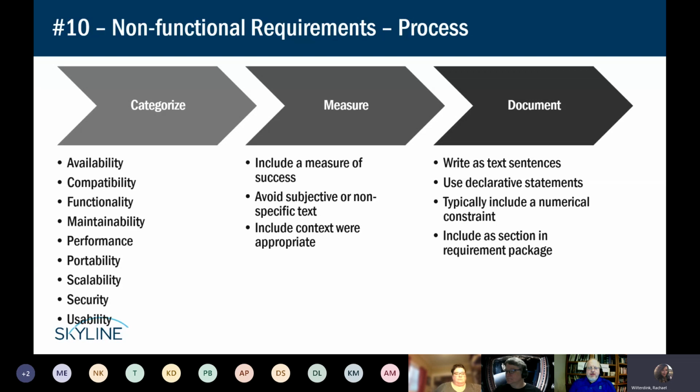Next one is compatibility, which is the degree to which the solution operates effectively with other components in the environment, which I think everyone's probably pretty familiar with. Maintainability, so the ease with which a system or component can be modified to correct faults, improve performance or other attributes, or adapt to a change in the environment.